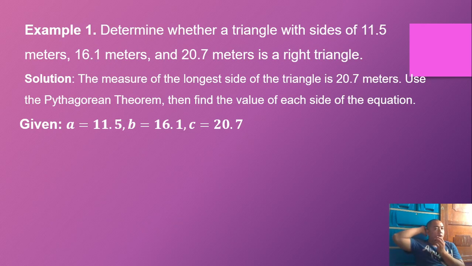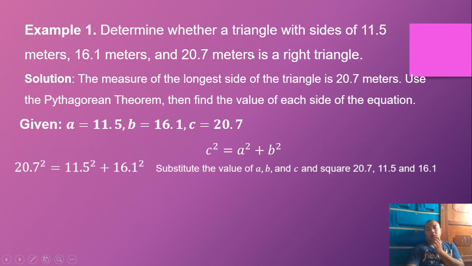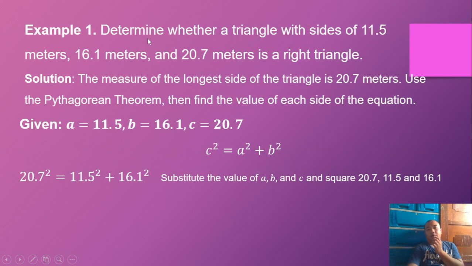A is 11.5, B is 16.1, C is 20.7 meters. So C squared equals A squared plus B squared. Let's substitute the values of sides A, B, and C. If both sides are equal, then these three sides are the sides of a right triangle.